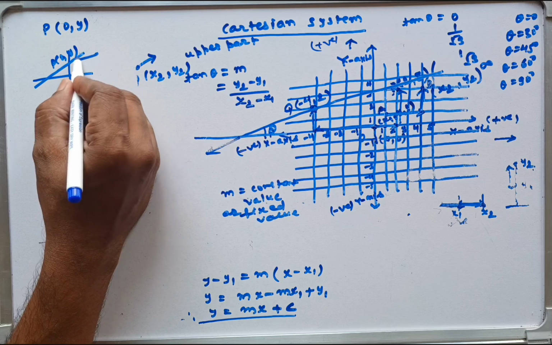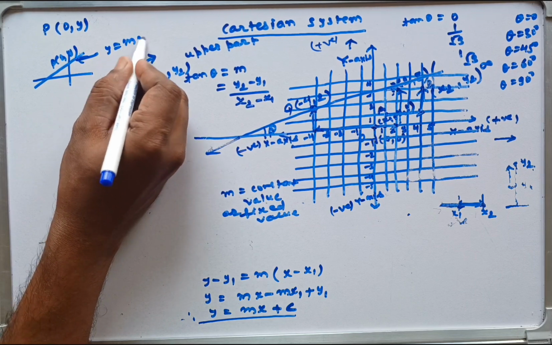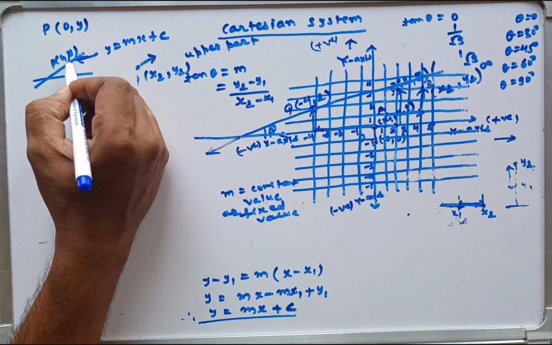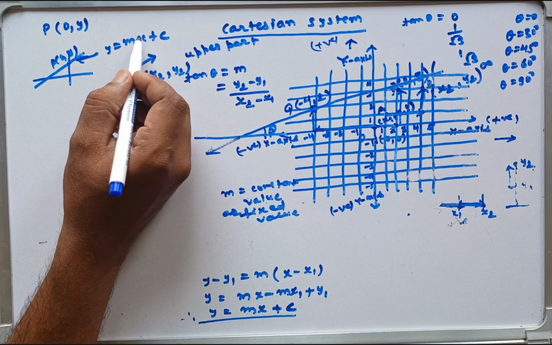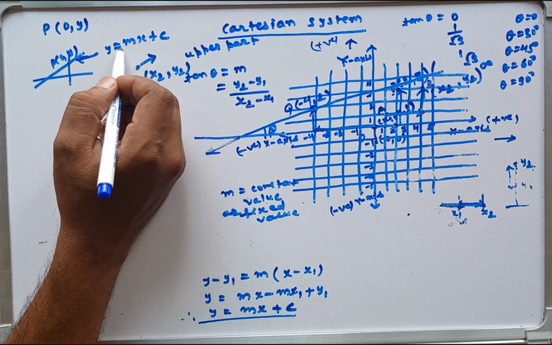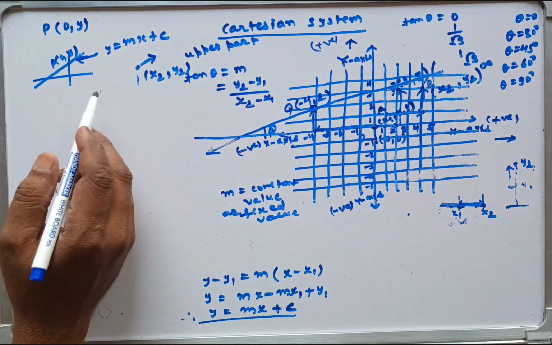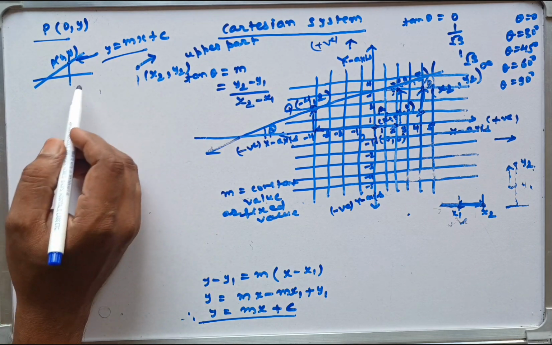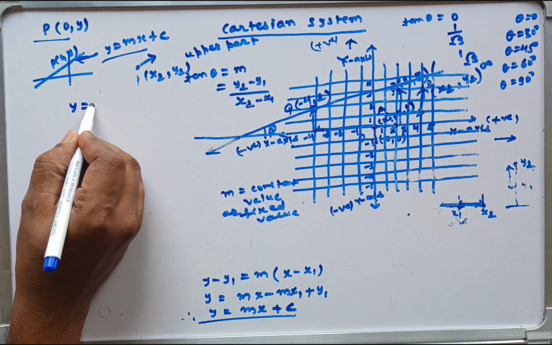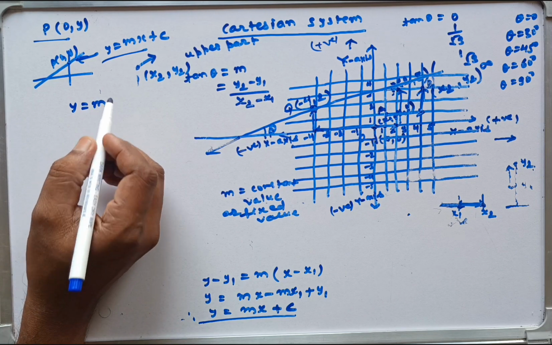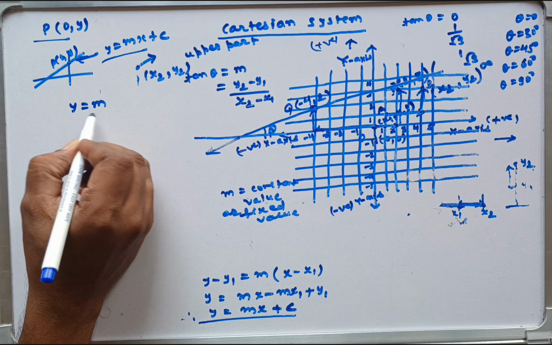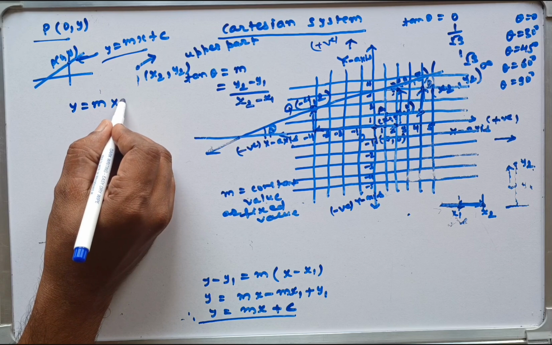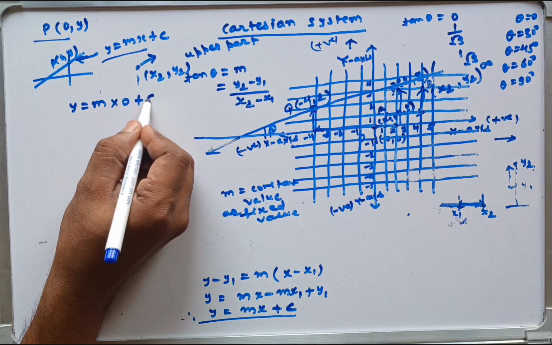This one is P, or this one is (0, y), and this one is the line y equal to mx plus c. So if this point is lying on this line, it must satisfy the equation. So we put the value of P in this equation. Here y equals m times x, where m is a fixed value and x is a variable, so this value is 0, then plus c.